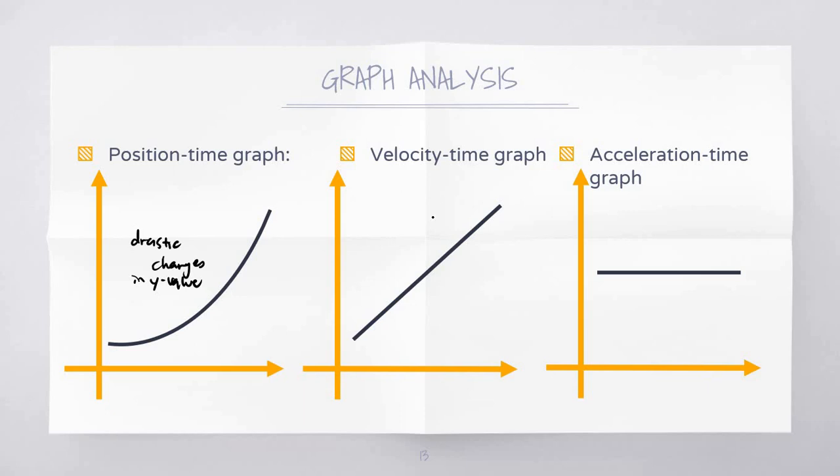So what happens to the velocity time graph? It becomes linear. Alright, so linear meaning there is a constant change in y value as time progresses. And now, since the velocity time graph becomes linear, the acceleration time graph becomes a plateau or constant.